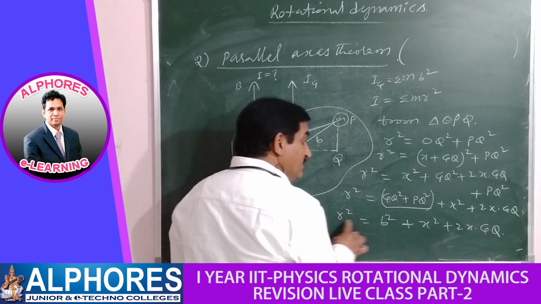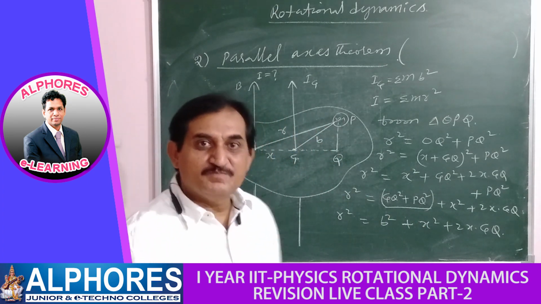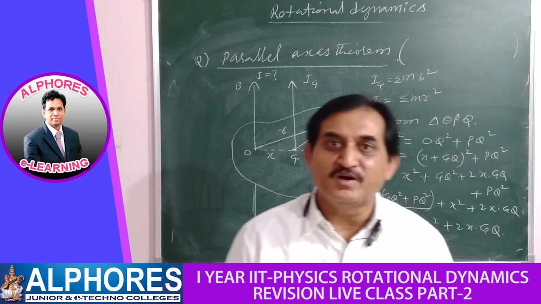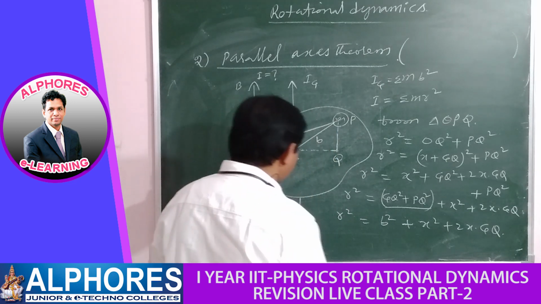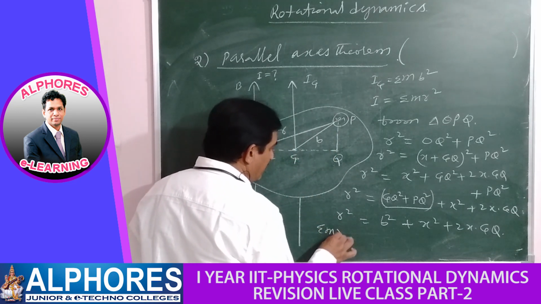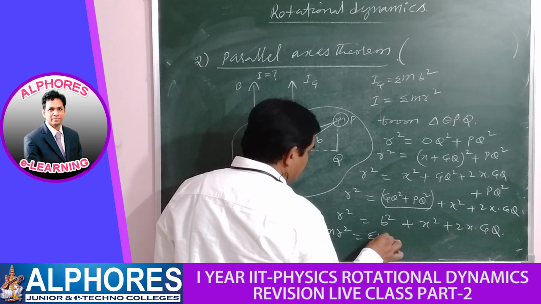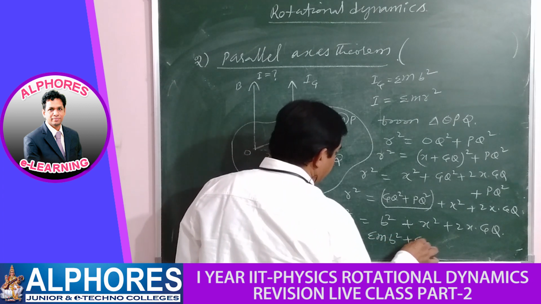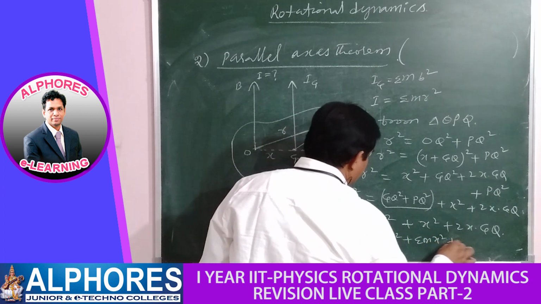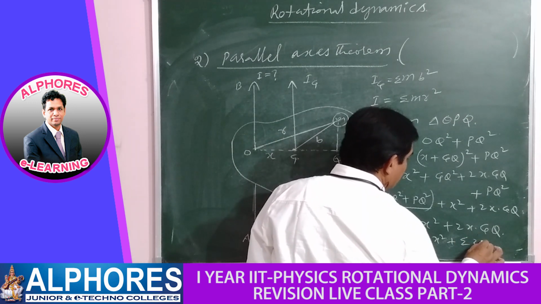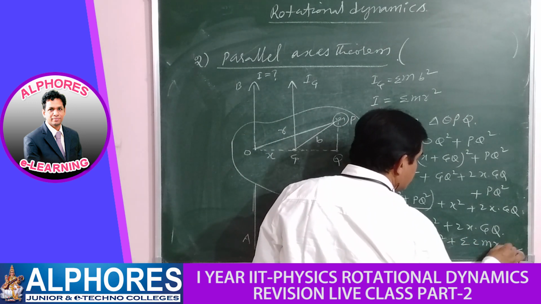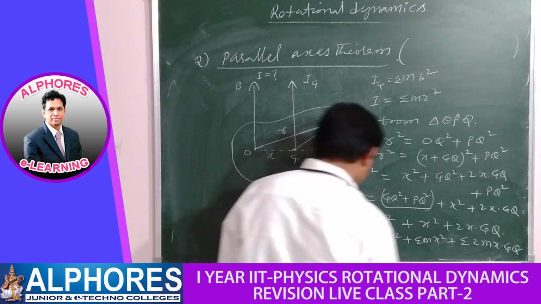Now multiply this equation by summation of m on both sides. Summation mR square equals summation mb square plus summation mx square plus summation 2mx GQ.